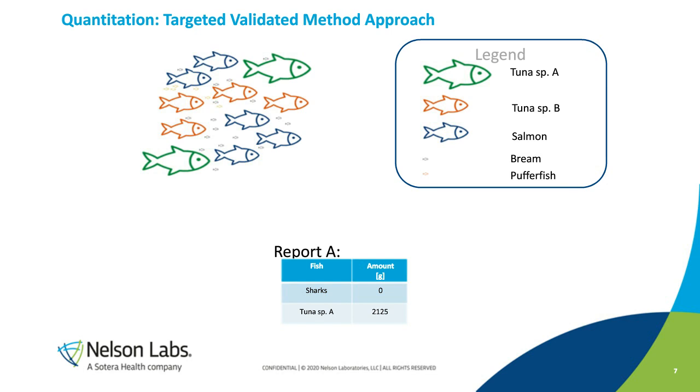And in this case, we're looking for that tuna species A. So when we target that fish, we don't know what else is in that stream necessarily. We're really looking just at that tuna. And so all we'll get is that tuna. And let's just say we're so good of a fisherman that we're able to get all the tuna out of that lake or body of water. And so we can realistically tell you the exact amount of tuna in that body of water if we're that good of fishermen, but we're not able to tell you if there's any sharks or other fish in that body of water because we were just focused on catching that tuna.